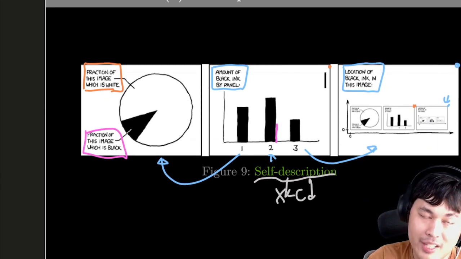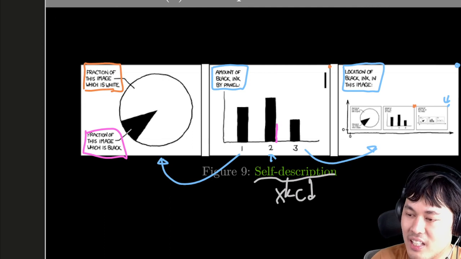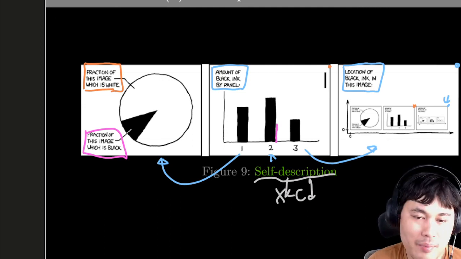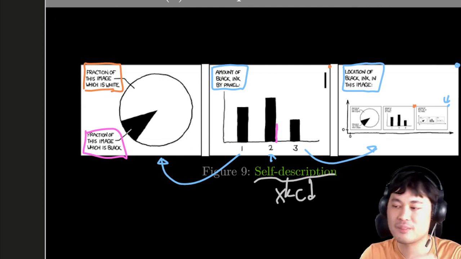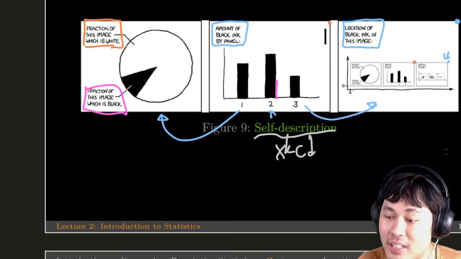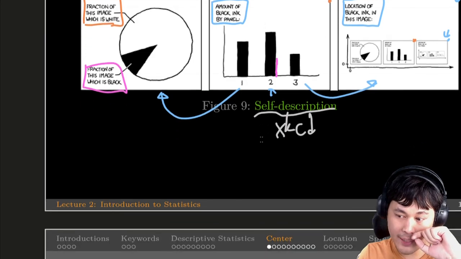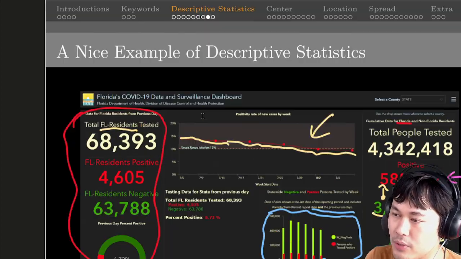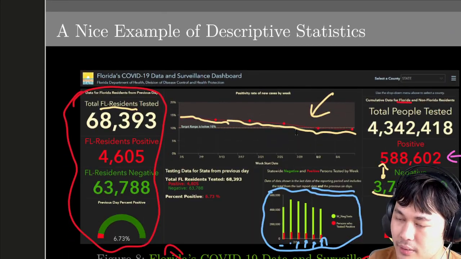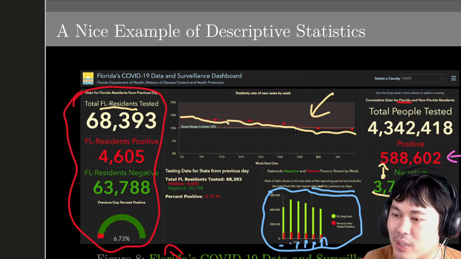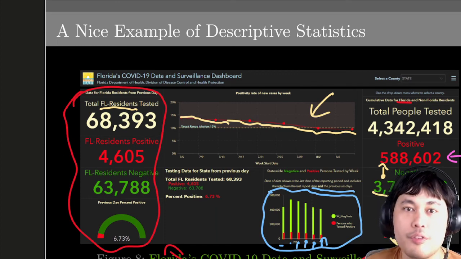It says something about themselves, but not nice or useful information by any means. And so that's the end of descriptive statistics. In the next part, we're going to learn how to look at these numbers and extract some other meaningful information.